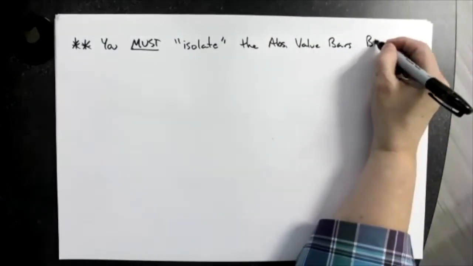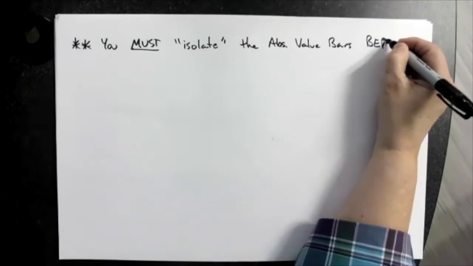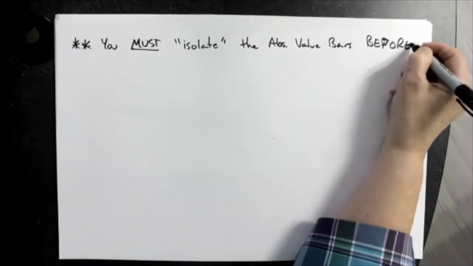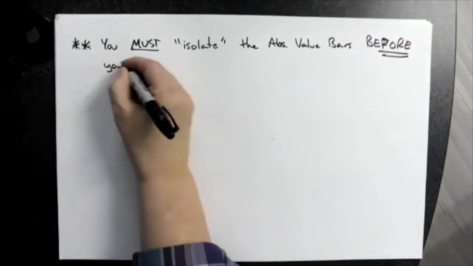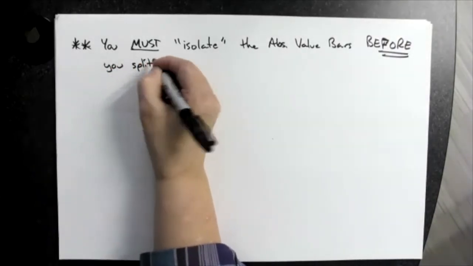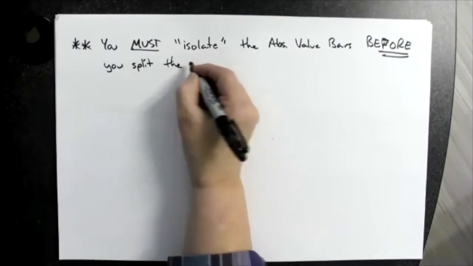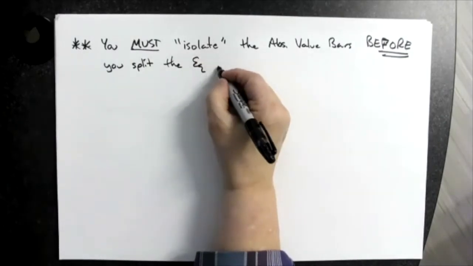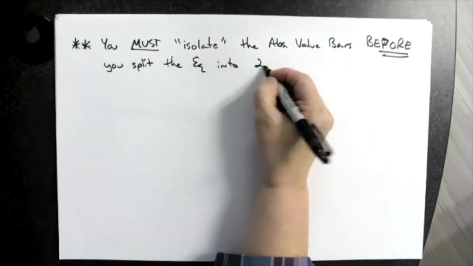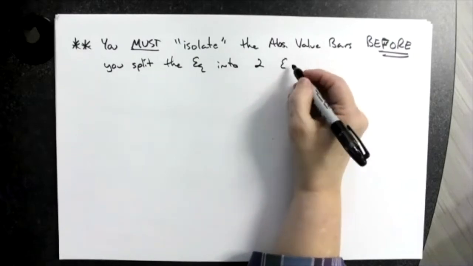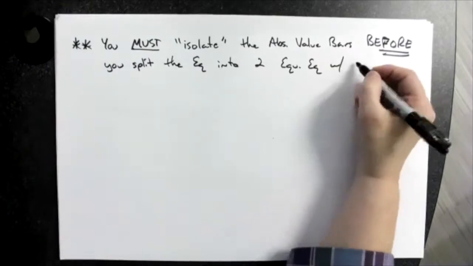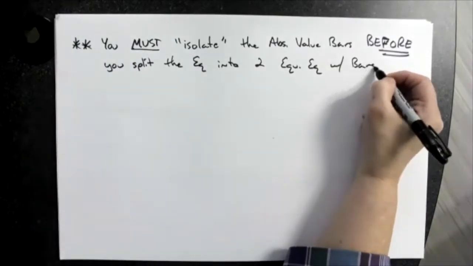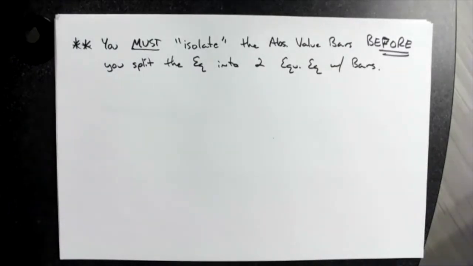before, and the before is crucial, before you split the equation into two equivalent equations, equivalent equations without bars, for lack of a better way to say it.